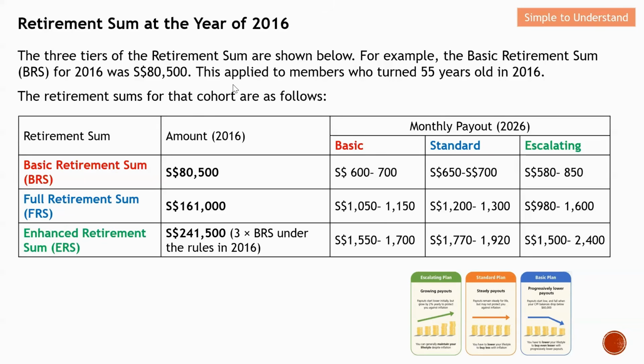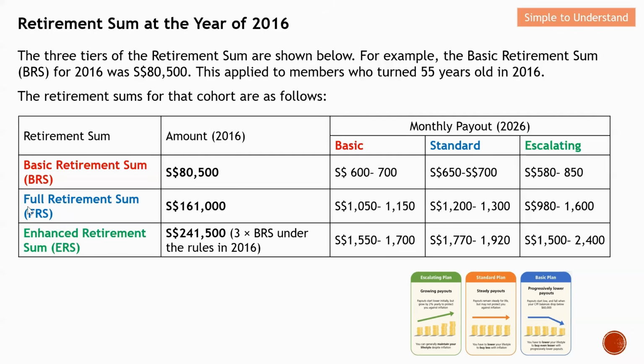Next, I'd like to highlight a very wrong concept from you guys. Let's say I'm 65 years old now in the year 2026. Like I mentioned earlier on, when I was 55 years old in 2016, I needed to decide which retirement sum is more suitable for me.